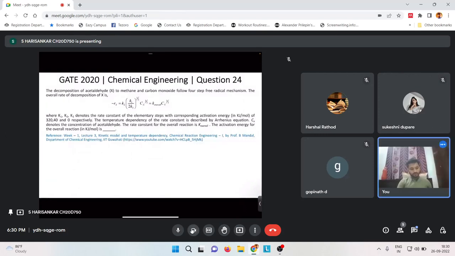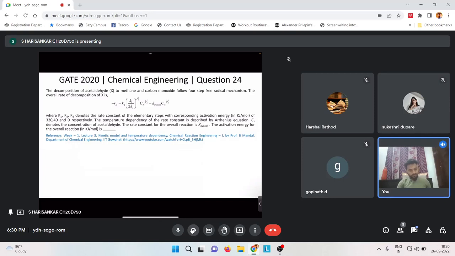So now we are looking at a question from GATE 2020 in chemical engineering, question number 24. The decomposition of acetaldehyde, which is X, to methane and carbon monoxide follows a four-step free radical mechanism.